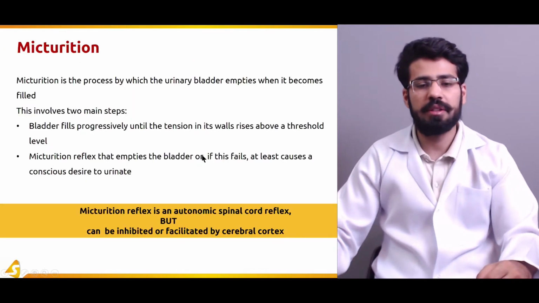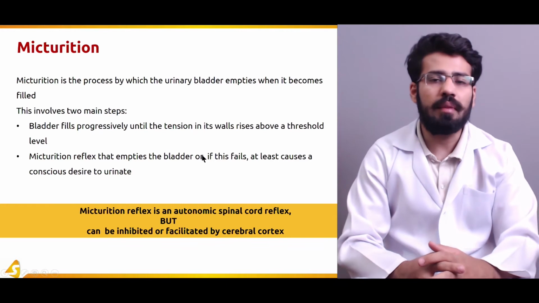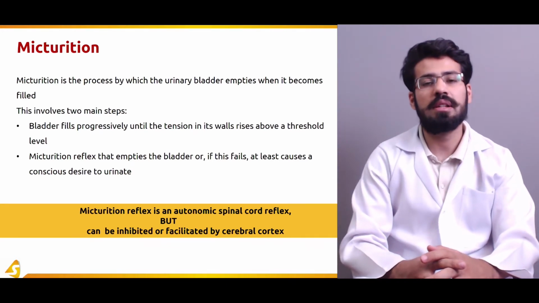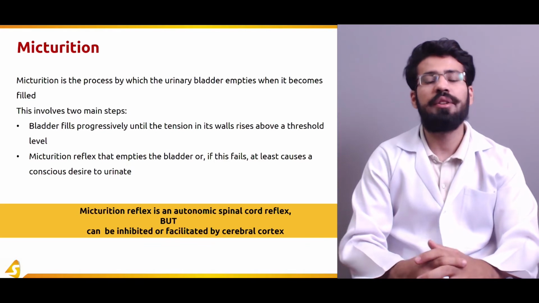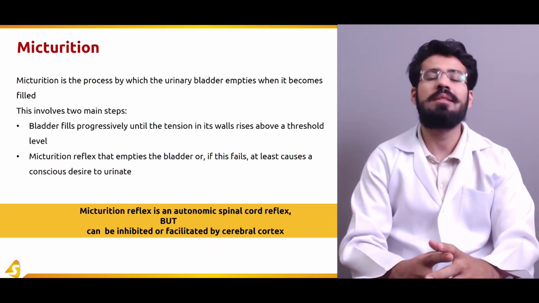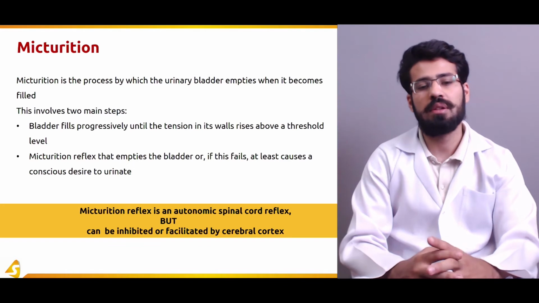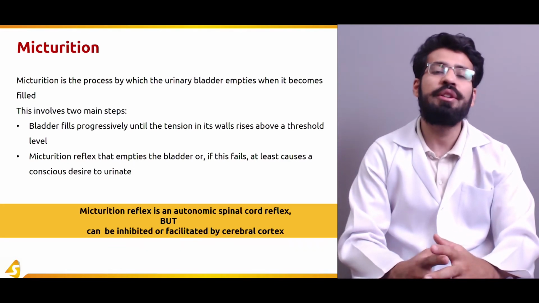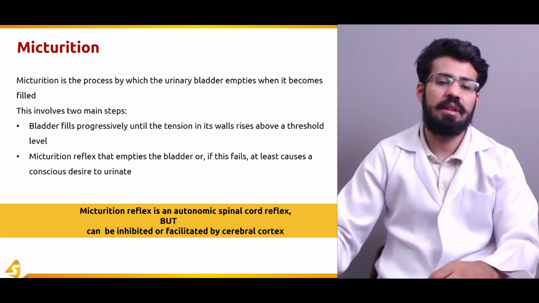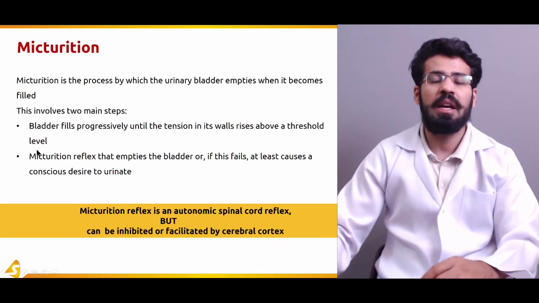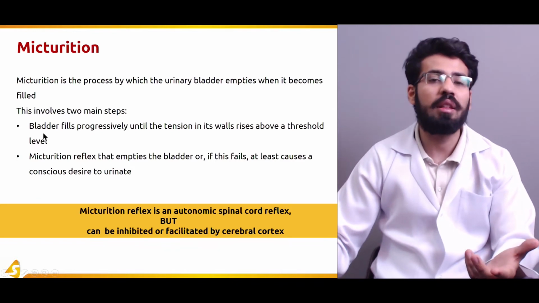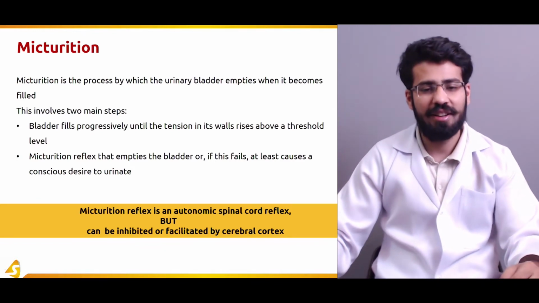Moving forward towards micturition. Now, what is micturition? Micturition is a process through which the urinary bladder empties itself when it becomes filled with urine. In order to do so, there are two major steps involved. Number one, in order to empty anything, it first has to be filled, right?